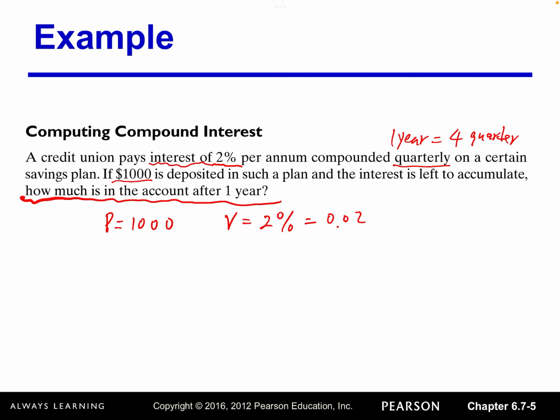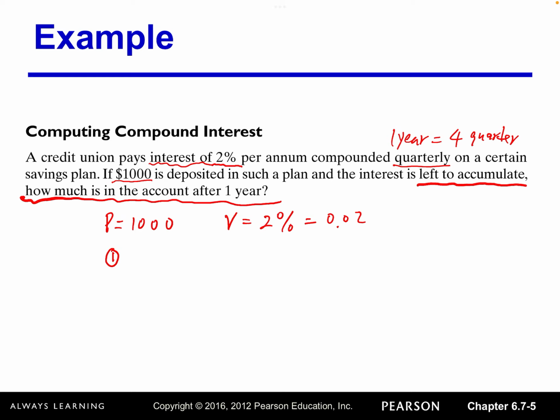It will be kept in the account to accumulate more interest. And we want to know after 1 year how much is in this account. So in order to find how much money is in this account after 1 year, we actually have to do it quarterly because interest is compounded quarterly.